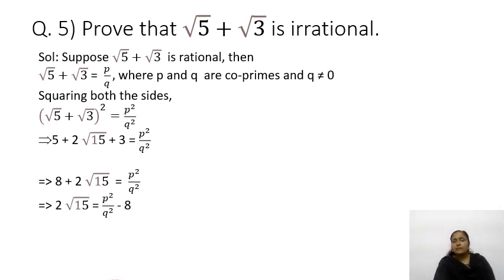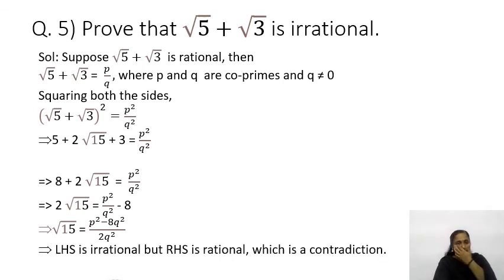Again, except root 15, the rest of the terms we can shift to the right hand side. Then we will get root 15 is equal to (P square minus 8Q square) by 2Q square. So again, the left hand side is irrational but the right hand side is a rational number, which is a contradiction. Therefore, we can say root 5 plus root 3 is irrational.